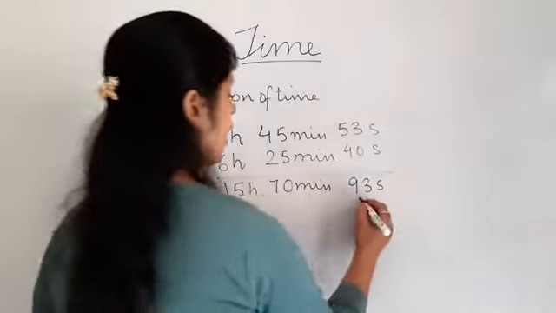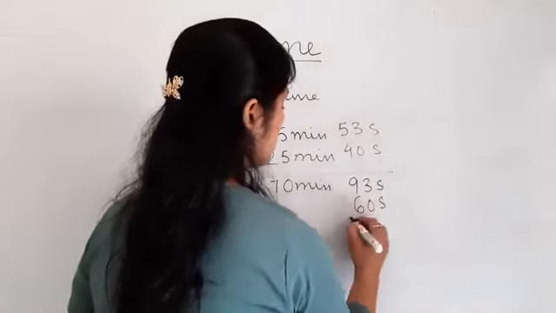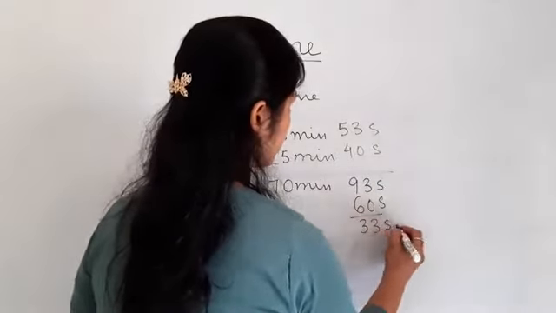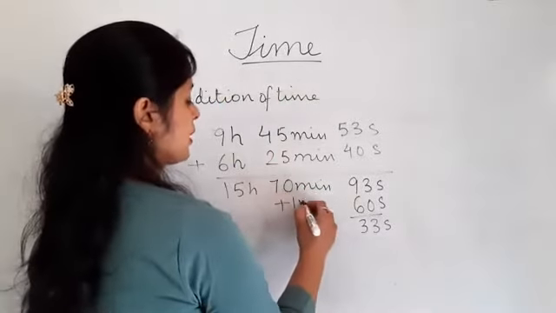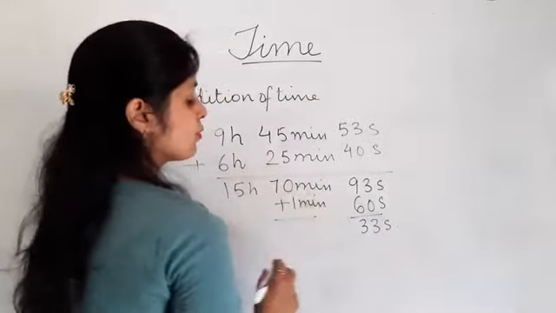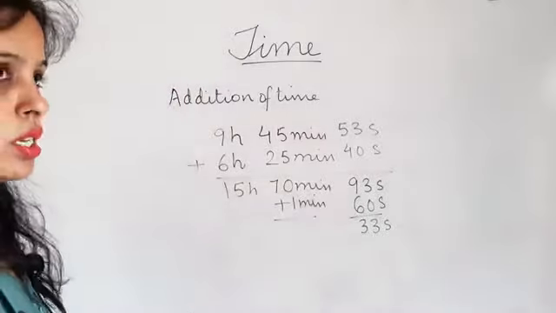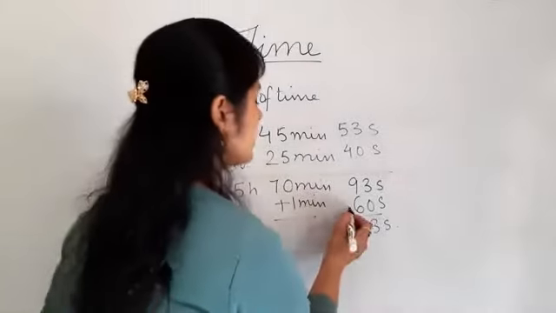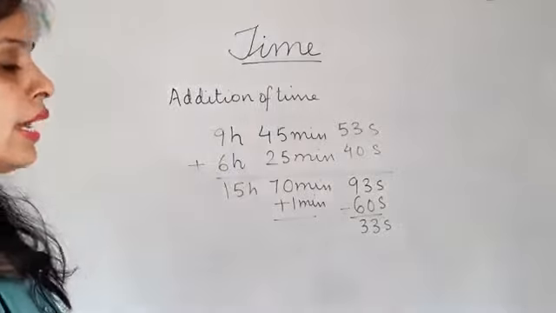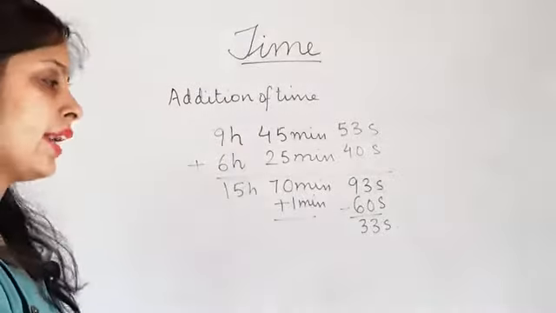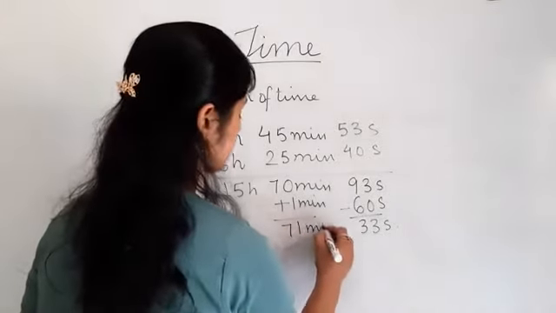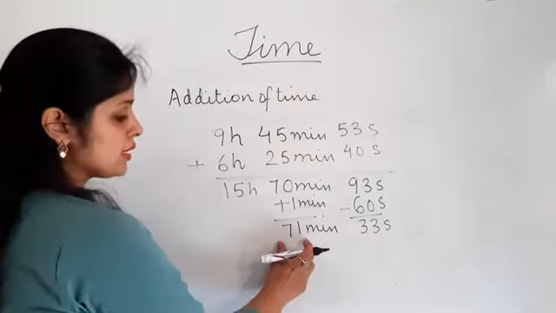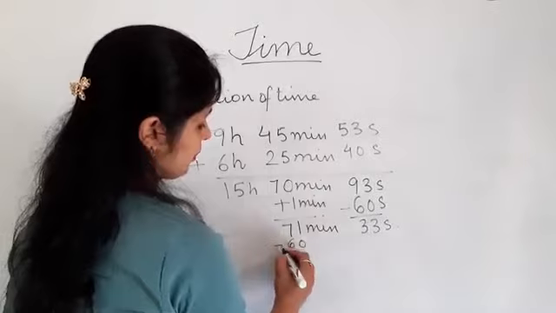So what I will do, I'll subtract 60 from the seconds side. It will become 33 seconds, and this 60 seconds when added to the minute side will become 1 minute. You all know that 1 minute is equal to 60 seconds. So 71 minutes, again it is more than 60, so we'll subtract 60 from this side.